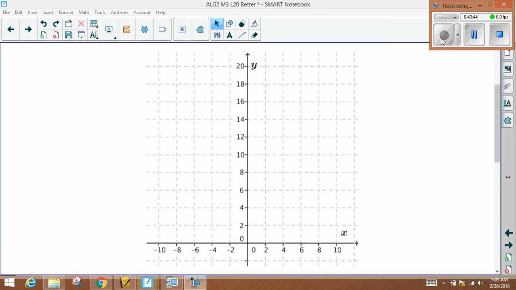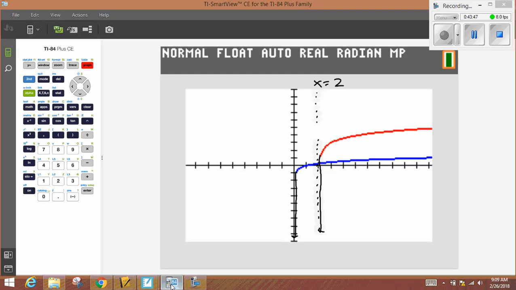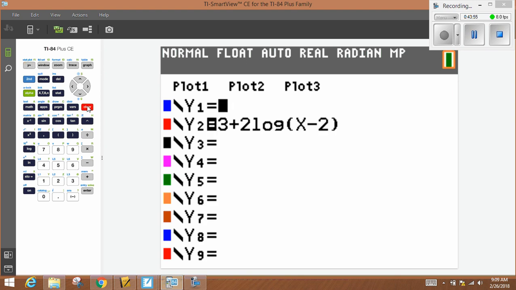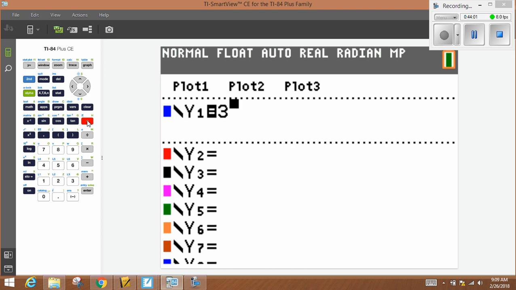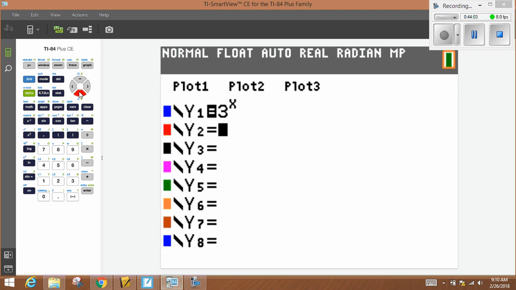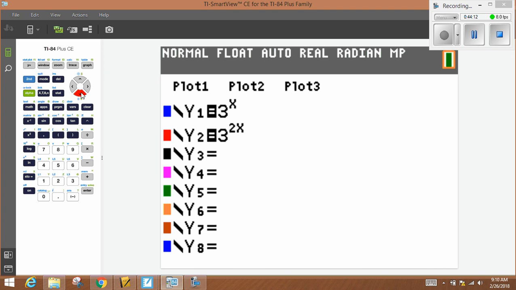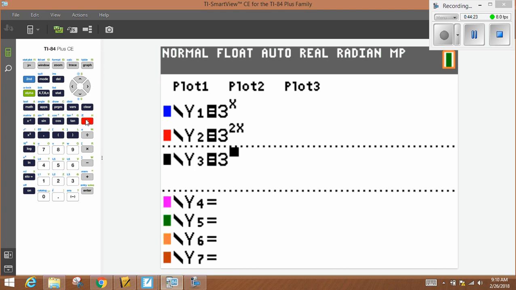All right, so let's go ahead and use our calculator to graph each of these. So we'll graph 3 to the x power. We'll graph 3 to the 2x power. And we will graph 3 to the 2x with a shift.